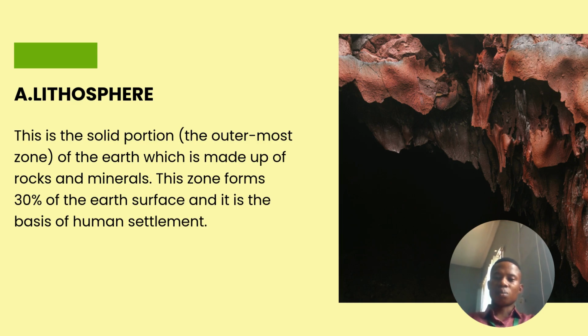Now, let's look at the meaning of lithosphere. The lithosphere is the zone of the earth occupied by land. And this land is made up of rocks and minerals. This forms 30% of the Earth's surface, and it is the basis of human settlement.